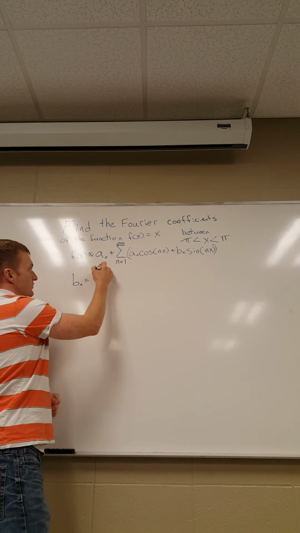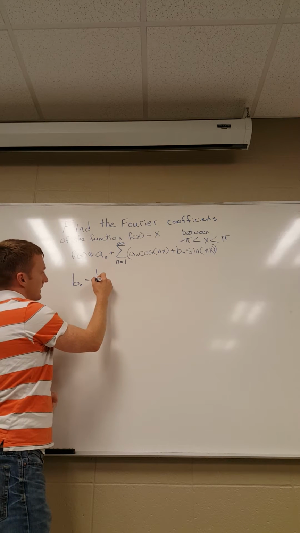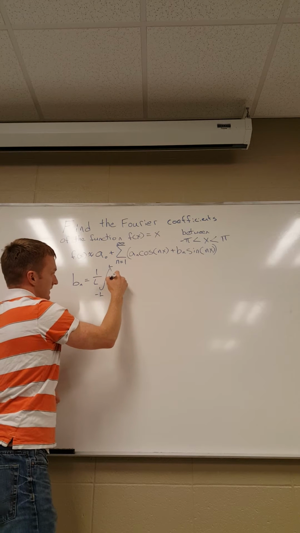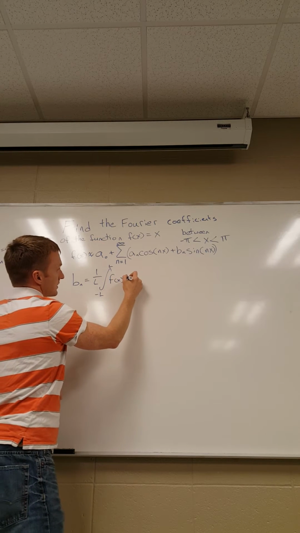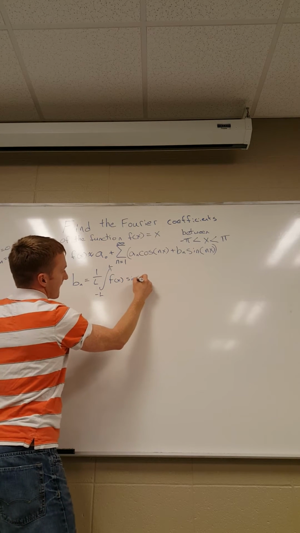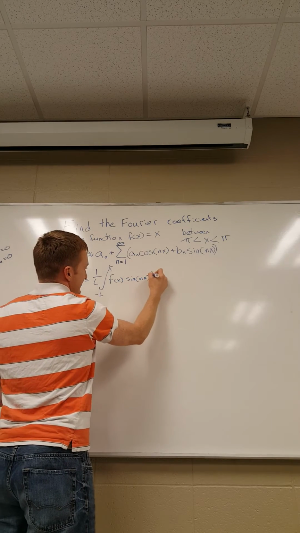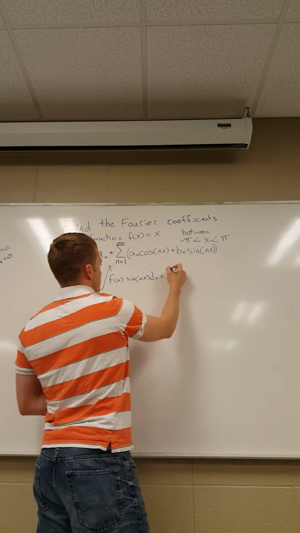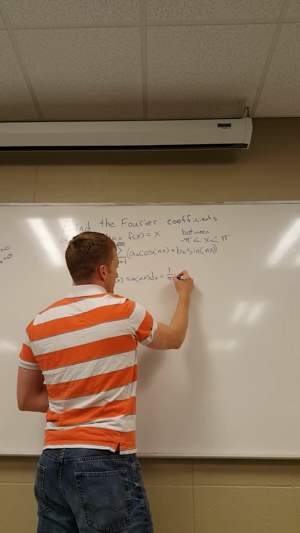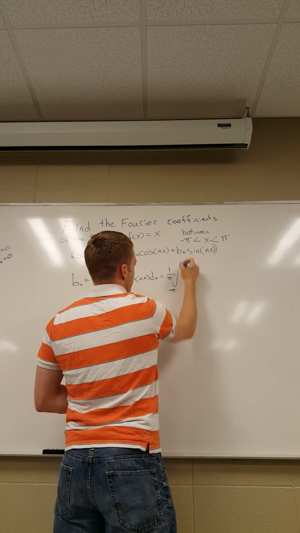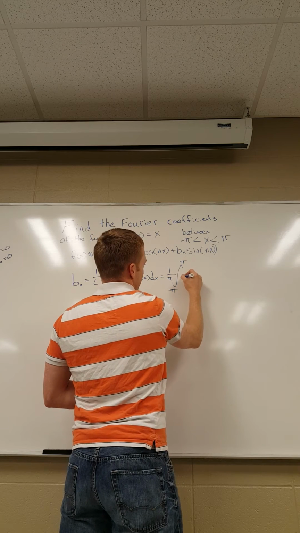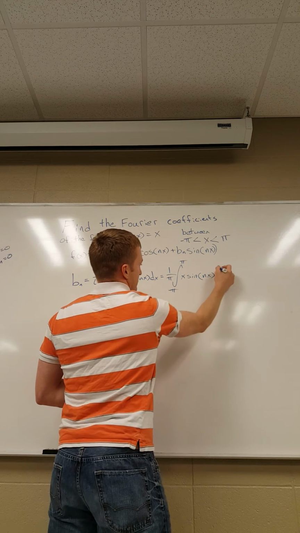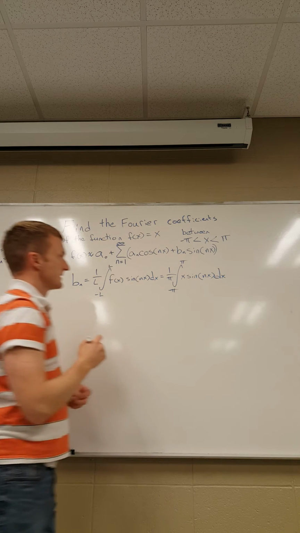B sub n is equal to 1 over L times the integral from negative L to L of f of x sine nx dx. When we plug our values in for this, we get 1 over pi times the integral from negative pi to pi of x sine nx dx.